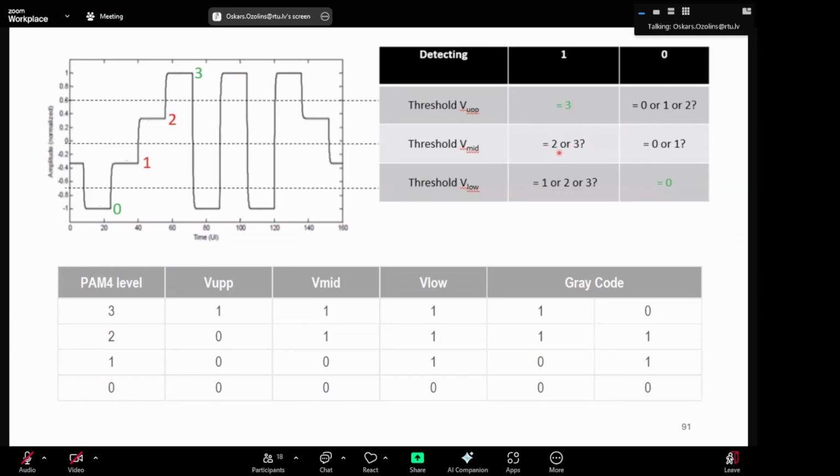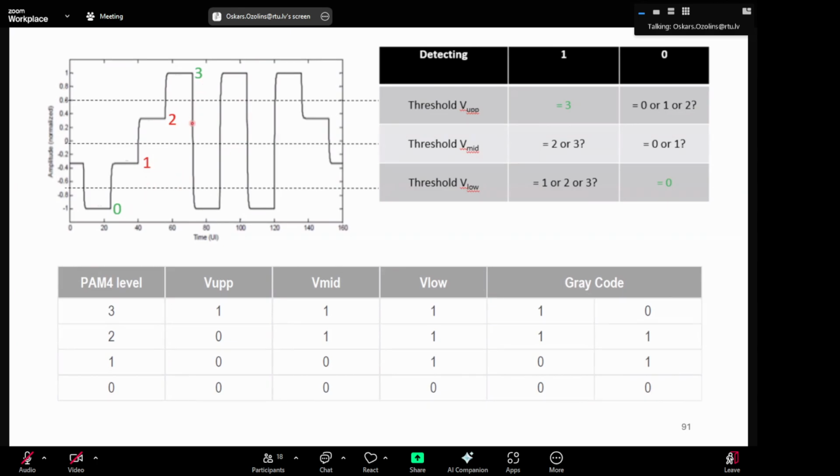For example, for the middle, is it 2 or 3, or is it 0 or 1? That's a threshold. You can decide it is there or there, and then you have one more threshold, and then you say, okay, is it 0, 1, 2, or 3?